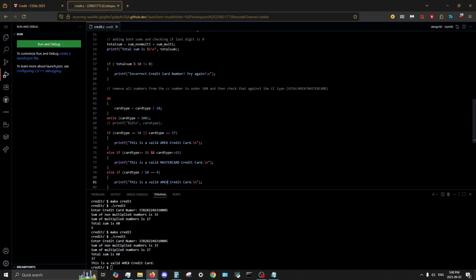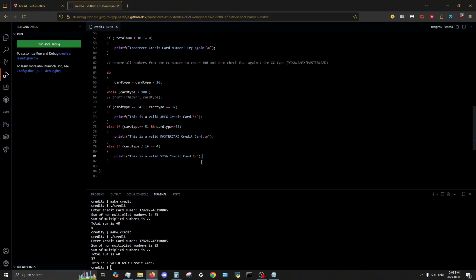This is a valid Visa credit card. And that should be it, right? Let's see if this works.